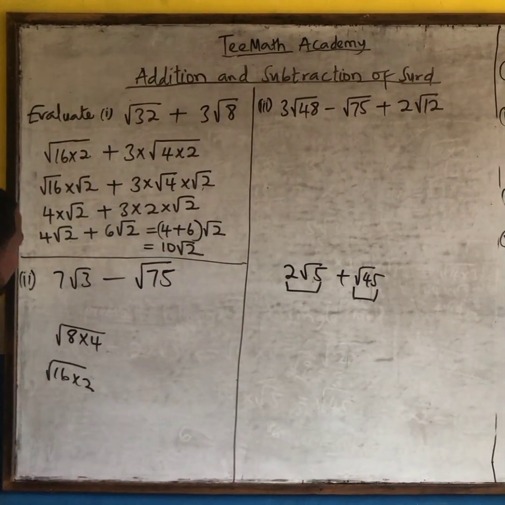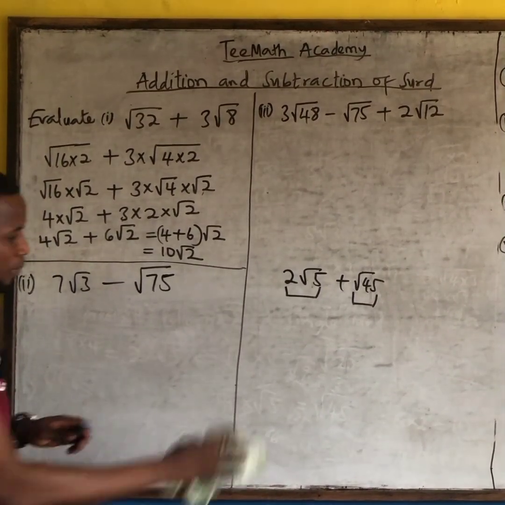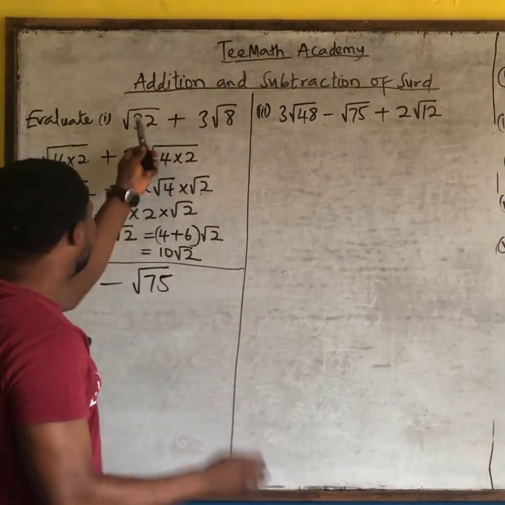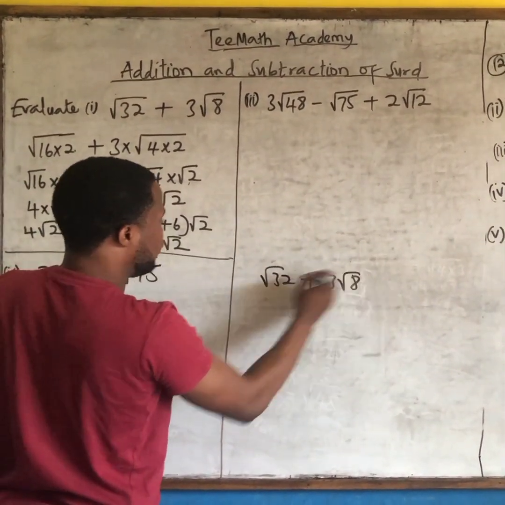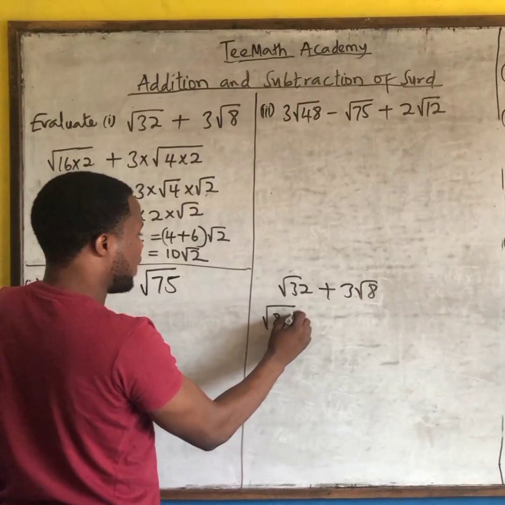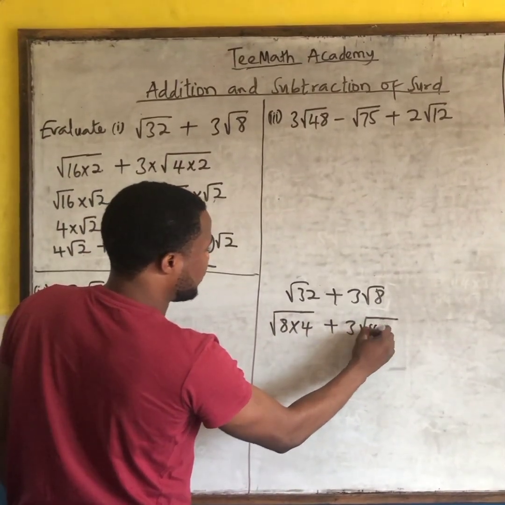Now, if you want to use 8 times 4, let me show you here. Look, this is root 32 plus 3 root 8. If you want to say root 8 times root 4, it will be longer. So I can break this as 4 times 2.